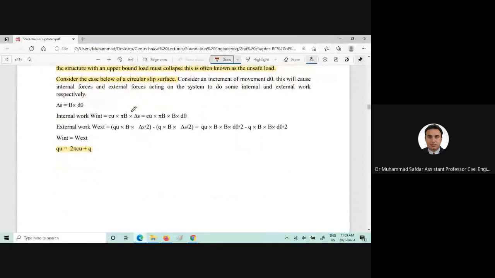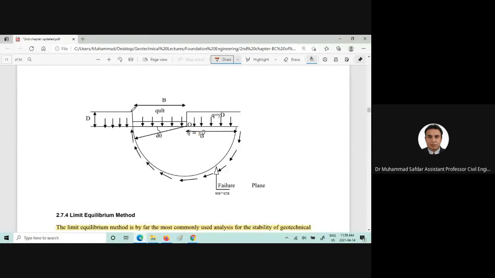And now if we assume in another situation that we are having a foundation here, and this is the surface, the ultimate load is applied and some settlement is occurring, and this is the center O, and this is the failure surface, the circular failure surface which is occurring. Here is the undrained shear strength.